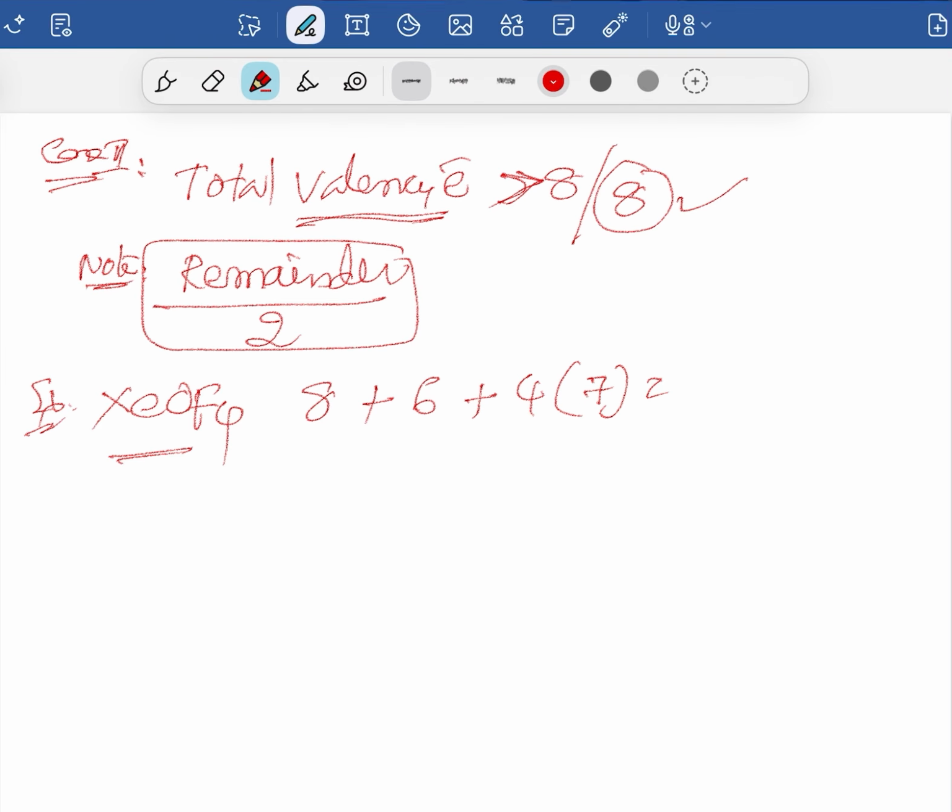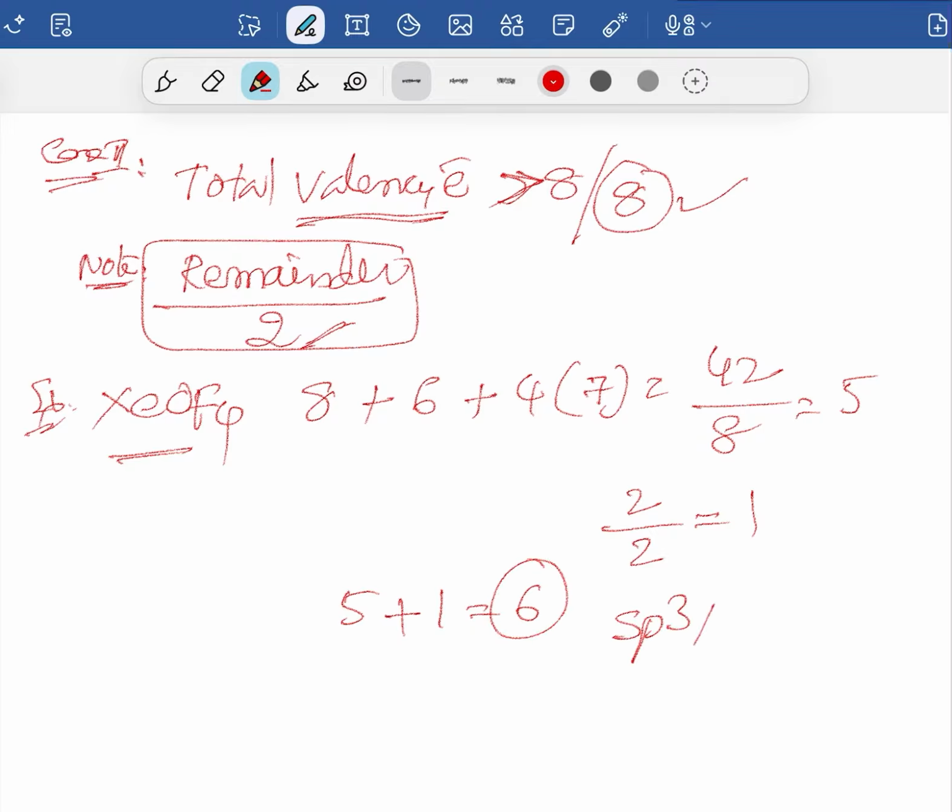So 7 fours are 28, plus 6 is 34, plus 8 is 42. 42 divided by 8 is 5 times, and the remainder is 2. The remainder 2 divided by 2 is one time only. So 5 plus 1, the total is 6. The 6 is sp3d2 hybridization.